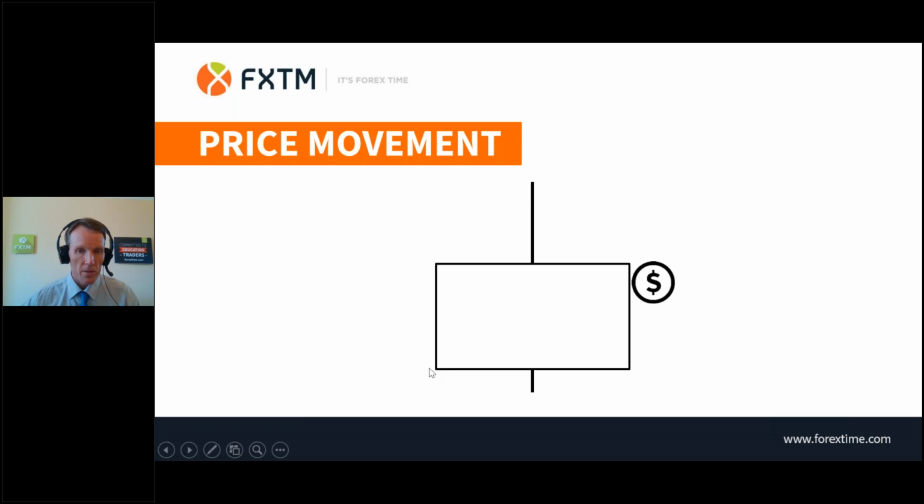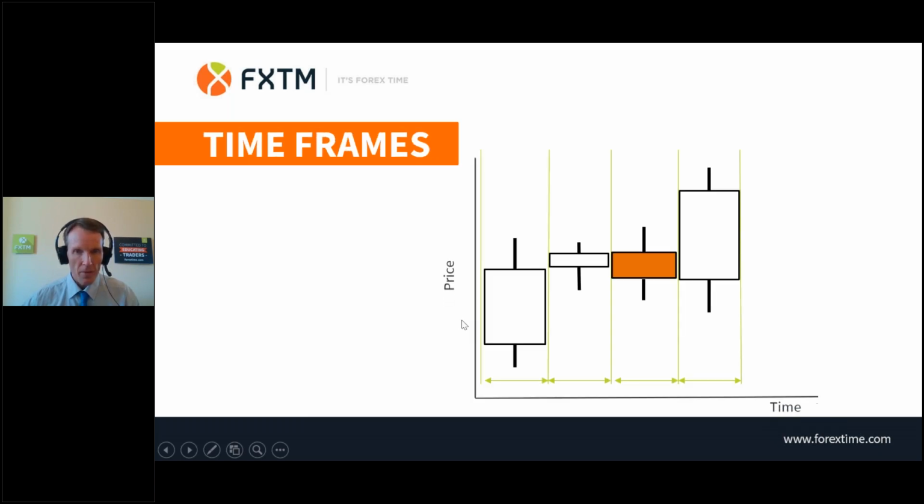Here we can see the price opened and it went up. More buyers came into the market, the buyers tried to take it higher, and some sellers came in. It still closed higher than when it opened. So this is why we call it the bullish, or buyer sentiment, candle.